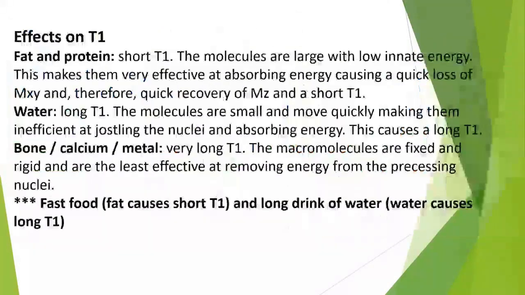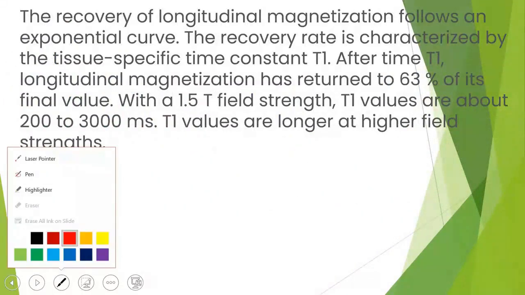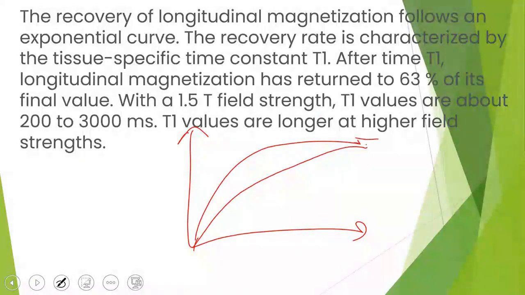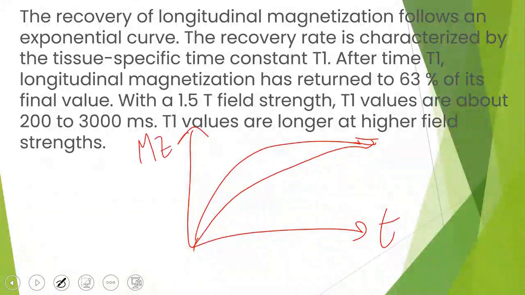I mentioned that I have different tissues, fat and water. Fat returns quickly while water takes longer. This is the time, and this is the Mz that follows the longitudinal magnetization. Therefore, I choose the time to record the signal where there is a difference in magnetization between fat and water.